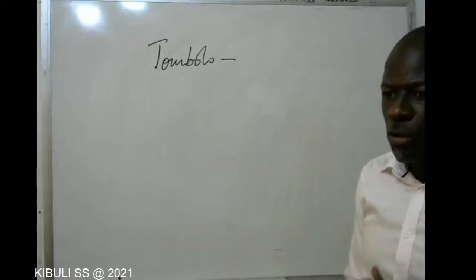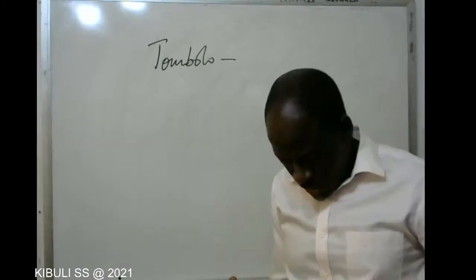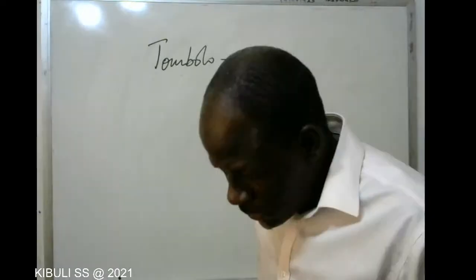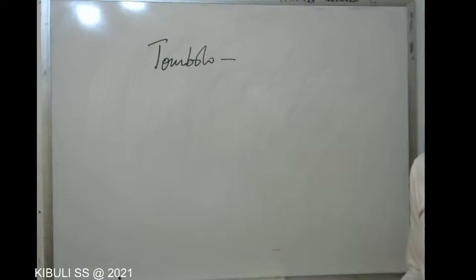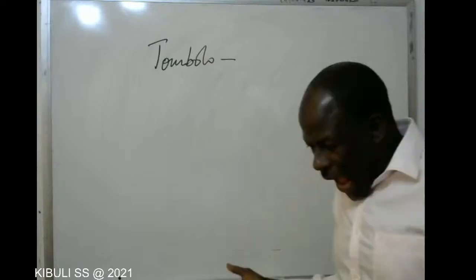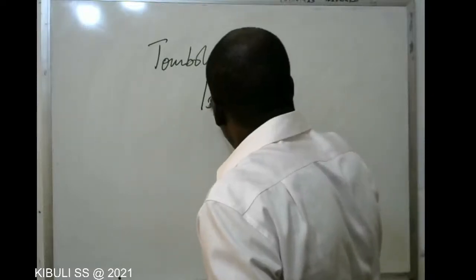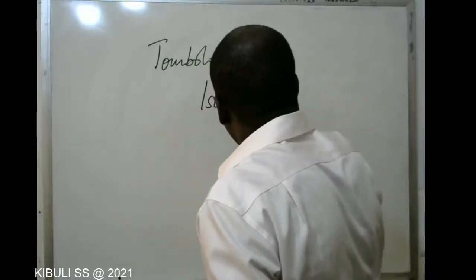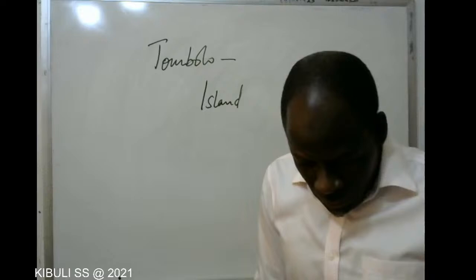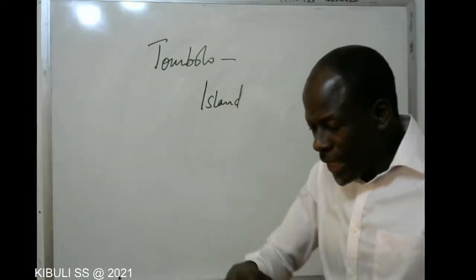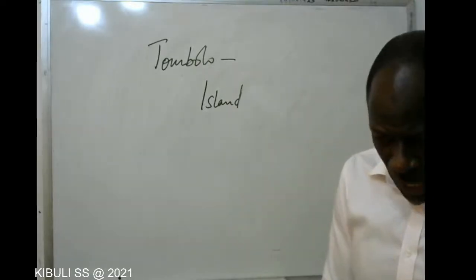So you have an island near the coast or near the shore. I'm not saying highland, but island. An island is a piece of land that is enclosed or surrounded by water.